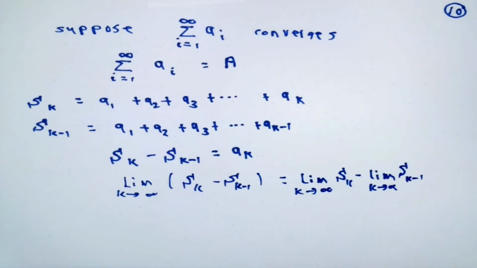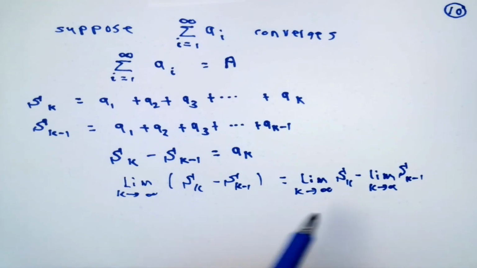If I look at how the difference of the partial sums act as the index tends to infinity, since both of those limits individually exist, it's legal to break the limit of the difference into the difference of the limits. If either one of those didn't converge, though, it wouldn't be legal to say this. Here, I'm looking at a partial sum and I'm allowing its index to become indefinitely big.